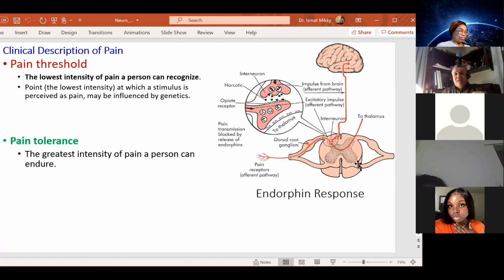Pain tolerance is the greatest intensity of pain a person can endure, and the duration of time or the intensity of pain that a person will endure before initiation of pain relief. Let's say a patient is on morphine 50 milligrams PRN as needed every 4 hours.